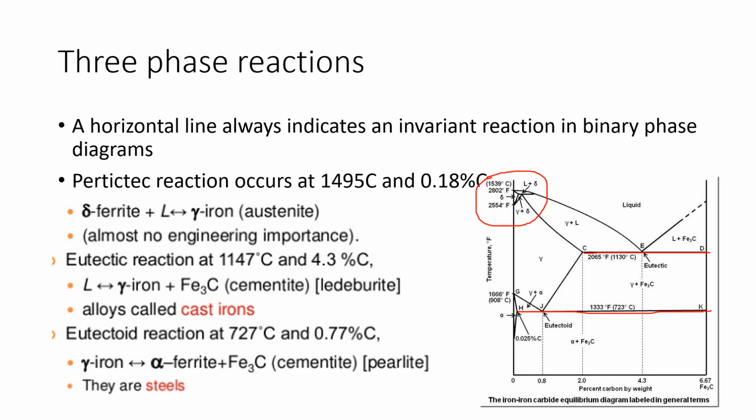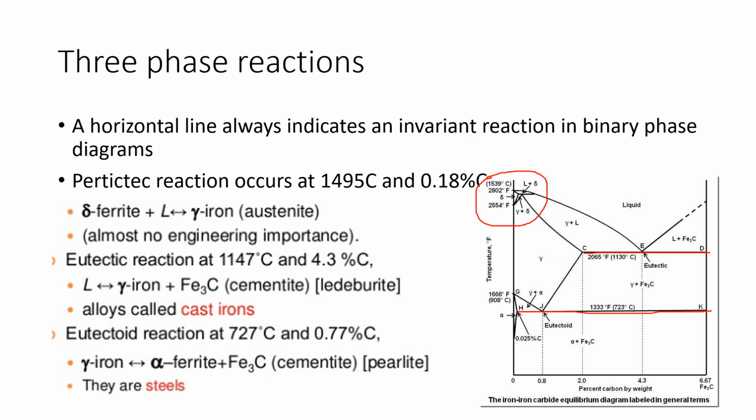This is one phase reaction. The second phase reaction is between the lines C to E and E to D. The third horizontal line is between H to J and J to K. These are the three phase reactions, and they differ with respect to the carbon composition.